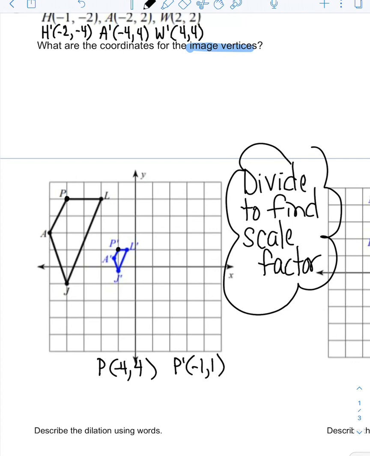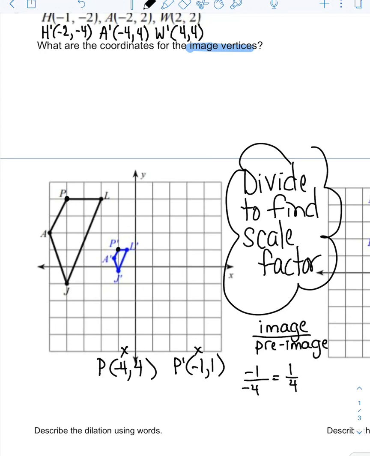And it looks like I got smaller. So remember, we want the image over the pre-image. Okay, so let's do our x's. My image is -1 over my pre-image, which is -4.